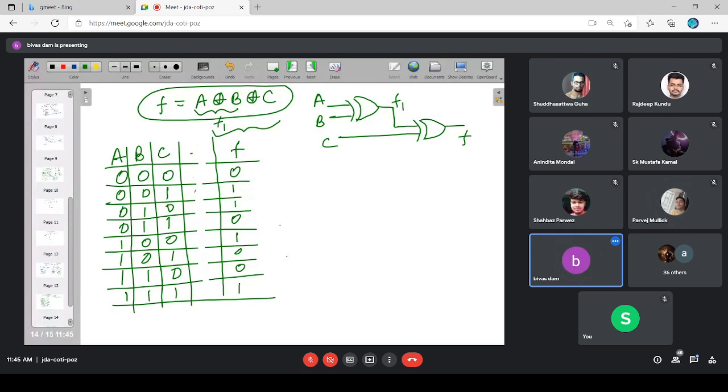Now, say my requirement is to realize one 4-input XOR function. So how many XOR gates should be required there? 3, sir. So I have to go for the cascading of those 3 XOR gates.